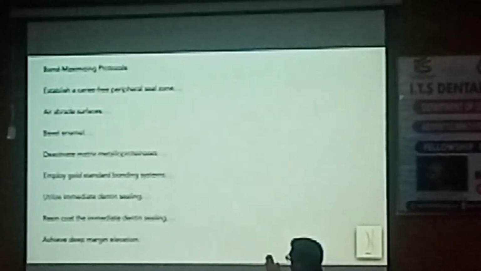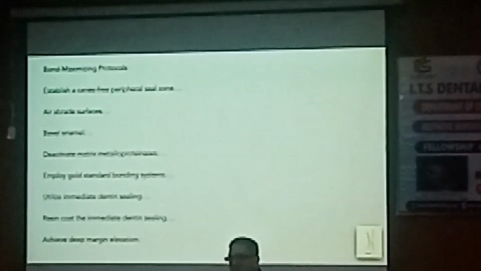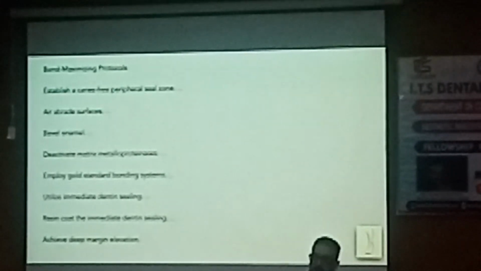Now when bonding towards enamel was done, it was easier because it never degraded, never collapsed, never disintegrated, nothing happened. Now when dentin came into the picture, you all have studied that dentin has collagen, and when you etch and then dry, the collagens are like noodles, and this noodle shrinks, and then you don't have space for bonding to go in.